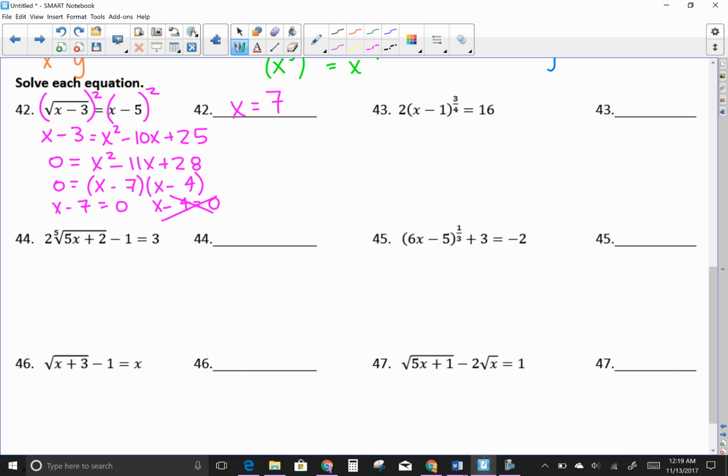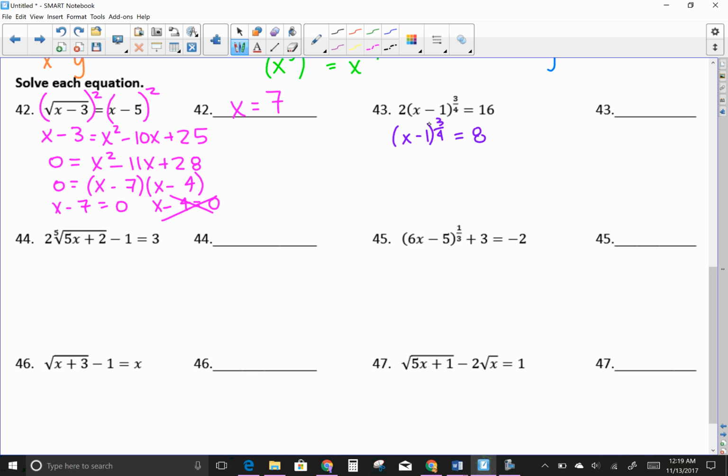Okay, we've talked about it. You've got to isolate the part that's involved with the radical or the rational exponent. So I do need to divide both sides by 2. And I will have x minus 1 to the 3/4 equals 16 divided by 2 is 8.